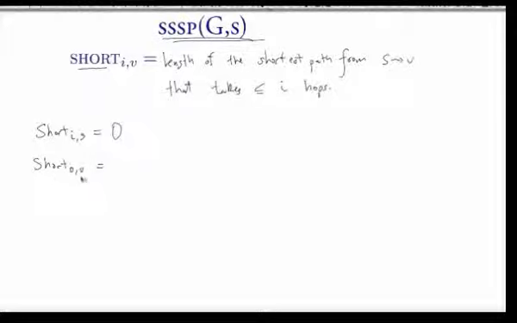And short(0, V) for any other vertex is the length of the shortest path that takes 0 hops from S to V. There is no such path, so it shouldn't be 0, it should be infinity. Now finish this off by writing the rest of this dynamic programming equation with your neighbor.